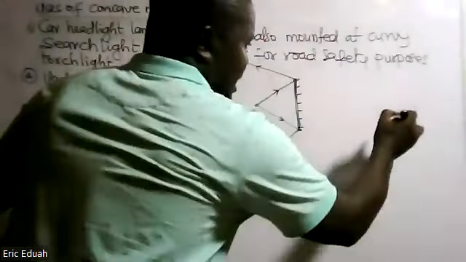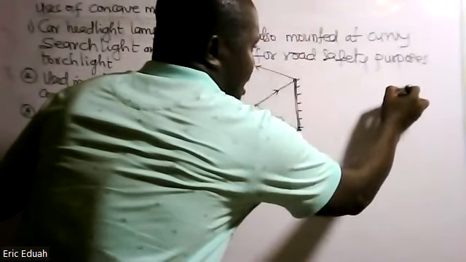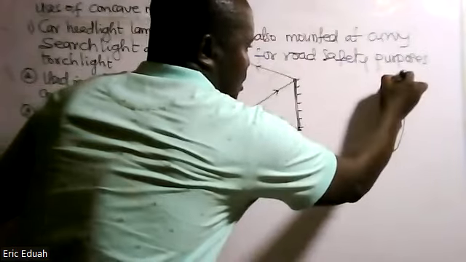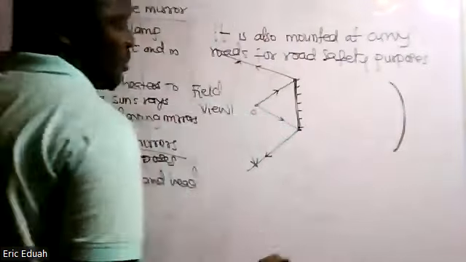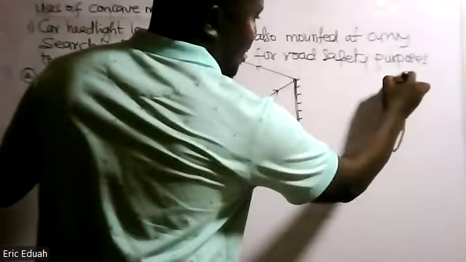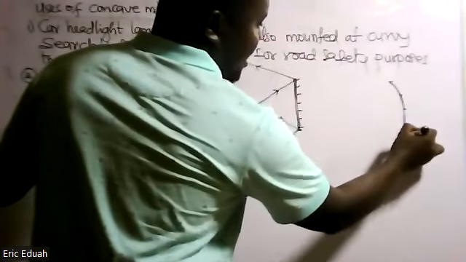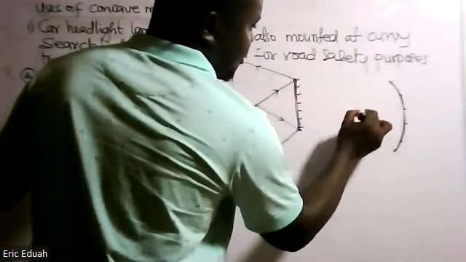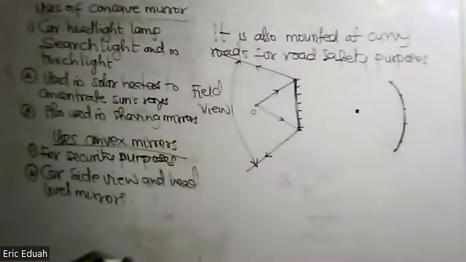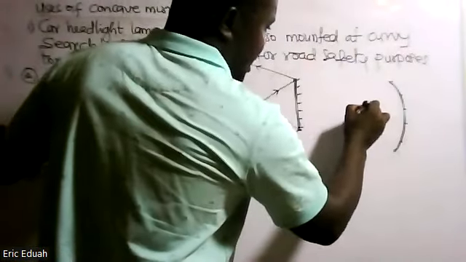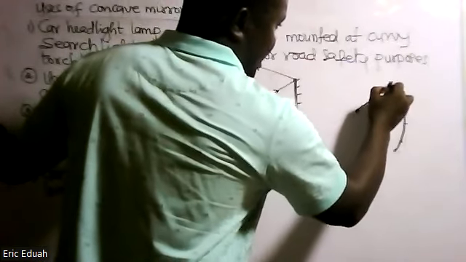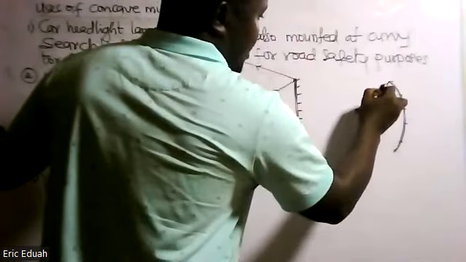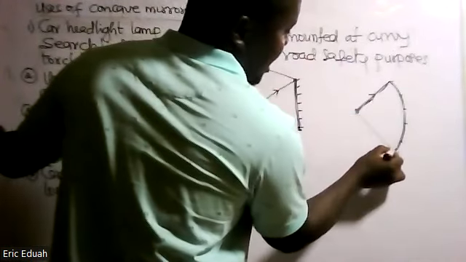Now, when you take a concave mirror, because a concave mirror converges rays, if you place an object in front of it, a ray from the object hitting one extreme end of the mirror, and then a ray of light hitting another extreme end.